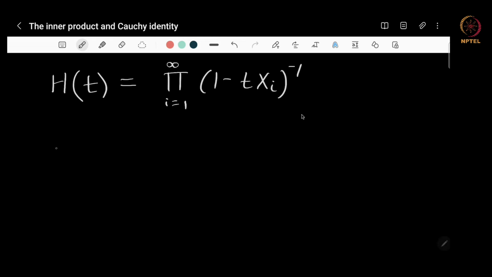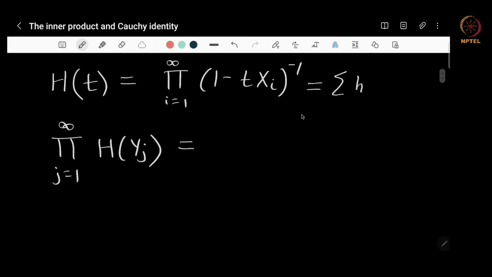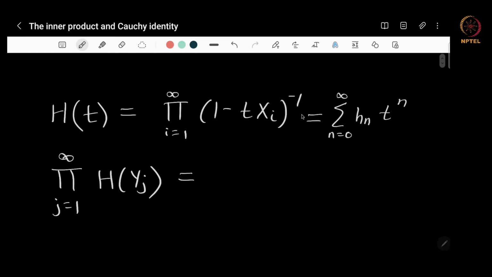And we could also, just as we did for the elementary symmetric functions, replace t by y_j, and look at the product of all the H(y_j)'s. So what would that give us? Well, just as this gave us the summation of h_n t^n, if you recall the way the argument worked in the case of the elementary symmetric functions, the same sort of thing works here as well.